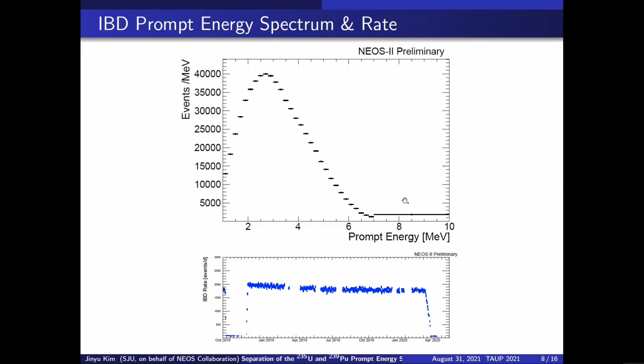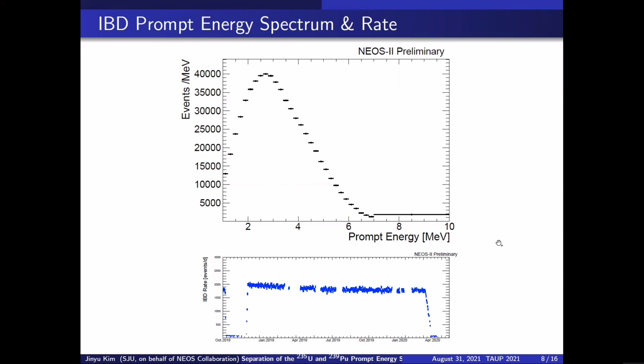These plots are the IBD prompt energy spectrum and the IBD rate. The prompt energy spectrum is for reactor-on time for 185 days, and background is subtracted. This is the IBD rate. Ramping down and up are seen, and reactor-on and off periods are represented.